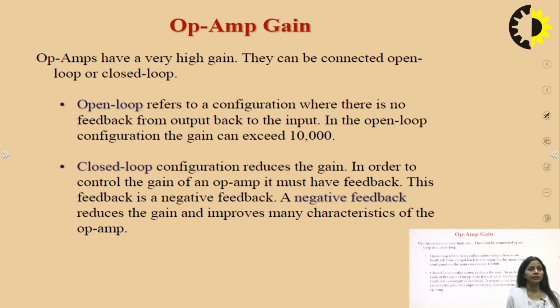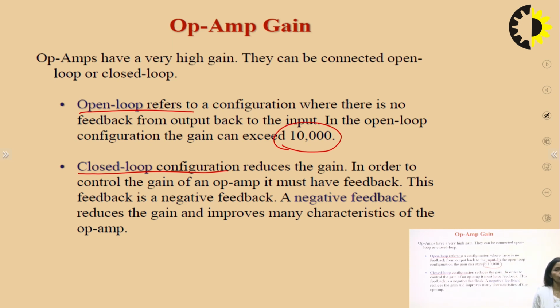The op-amp basically works in two configurations. First is open loop and second is closed loop. So there are two configurations, the open loop configuration and the closed loop configuration of the op-amp. For open loop, the gain can exceed up to 10,000.